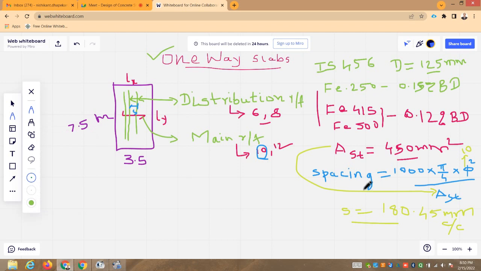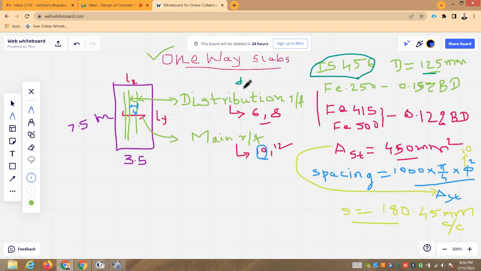Now you have to refer to the clauses mentioned in IS 456 for maximum spacing. In the case of slabs, when it comes to main reinforcement, the overall depth is suppose 125 millimeters. In my previous lecture I explained how to calculate the effective depth also.